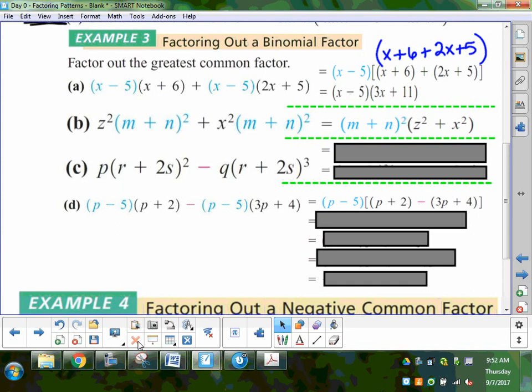First one. Why was it necessary for her to make sure that she said the quantity 3p plus 4? Why did that one need parentheses for sure? Think what would happen if she hadn't said it. Go ahead. Because of the negative sign there, yeah.